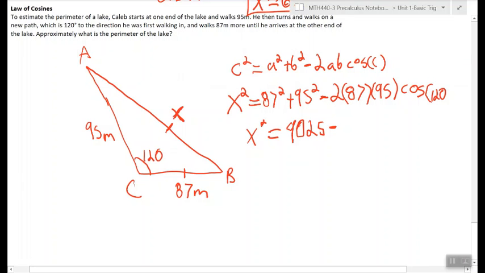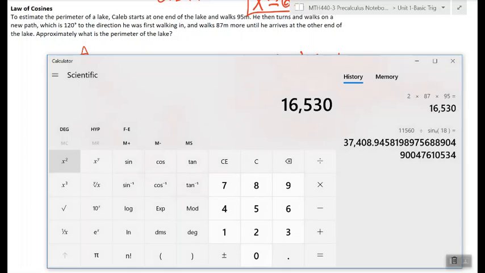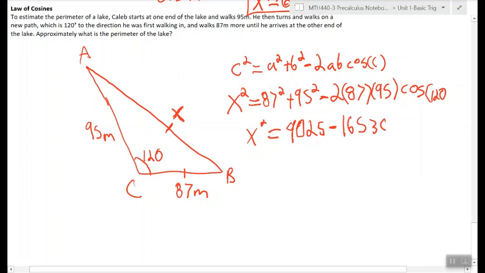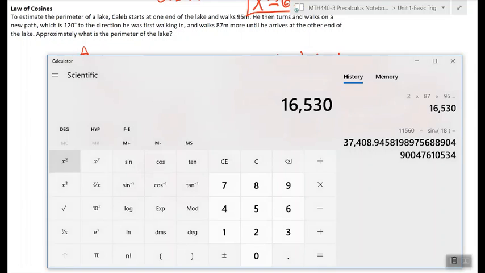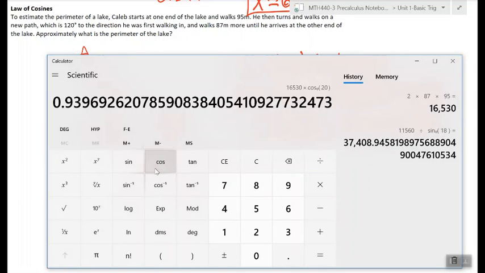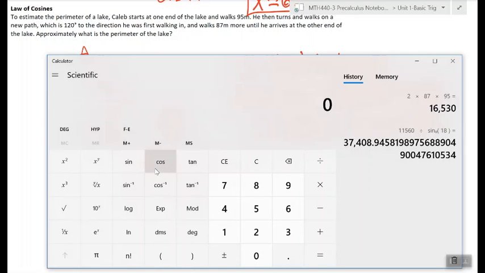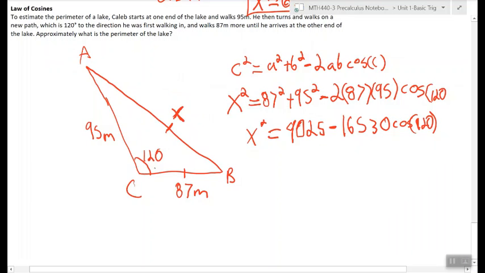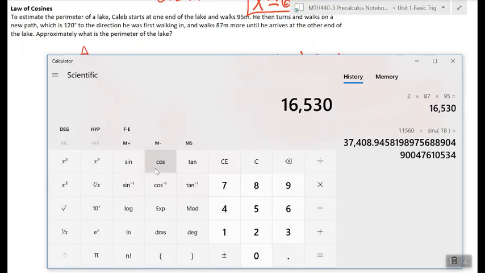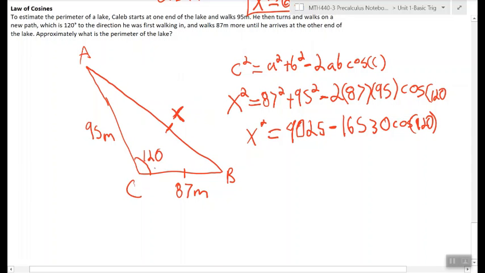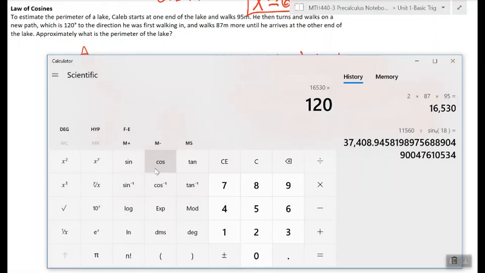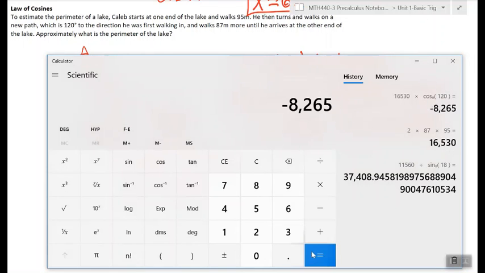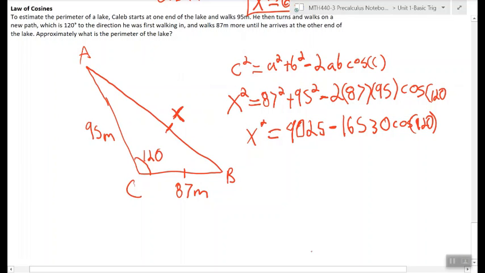That's 16,530 times cosine of 120. Oh wait, I entered that in wrong. 16,530 times 120 cosine equals. Since that's a negative, we can cancel out this.